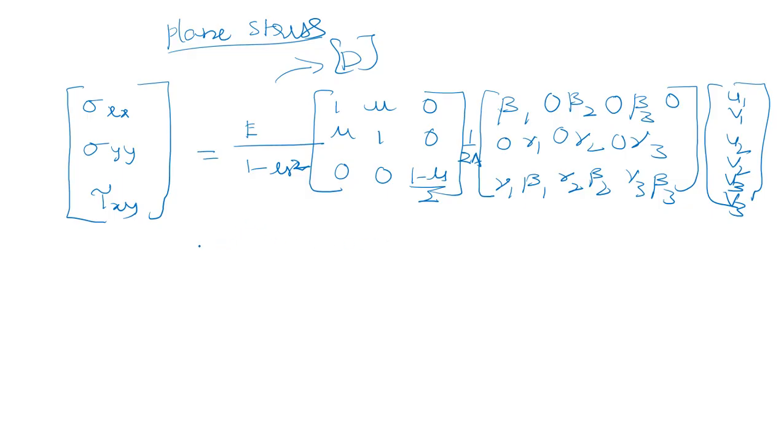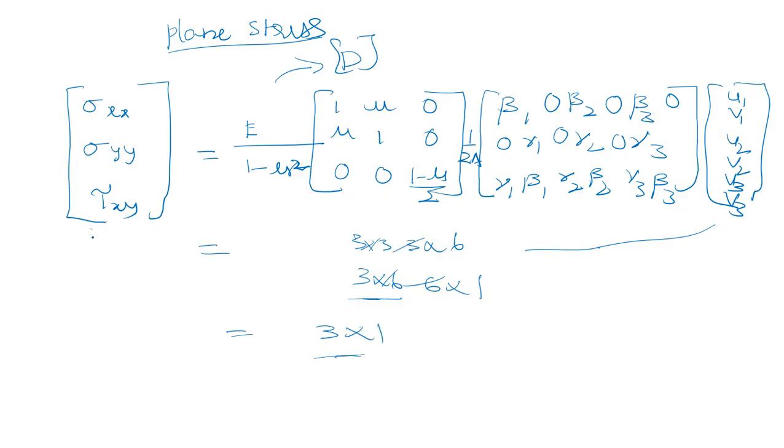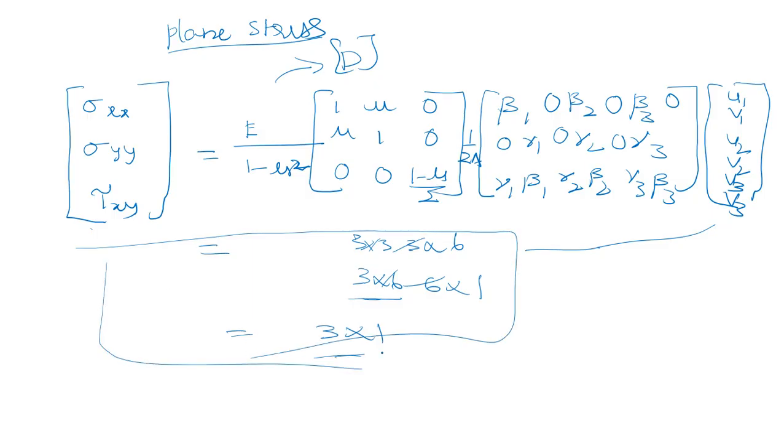If you multiply with this matrix, what will we get? This is a 3 by 3 matrix and this one is a 3 by 6 matrix, so we get 3 by 6. We multiply that with this 6 by 1 displacement vector, the 6 cancels, and we get 3 by 1. For understanding purposes I am explaining these matrix simplifications.